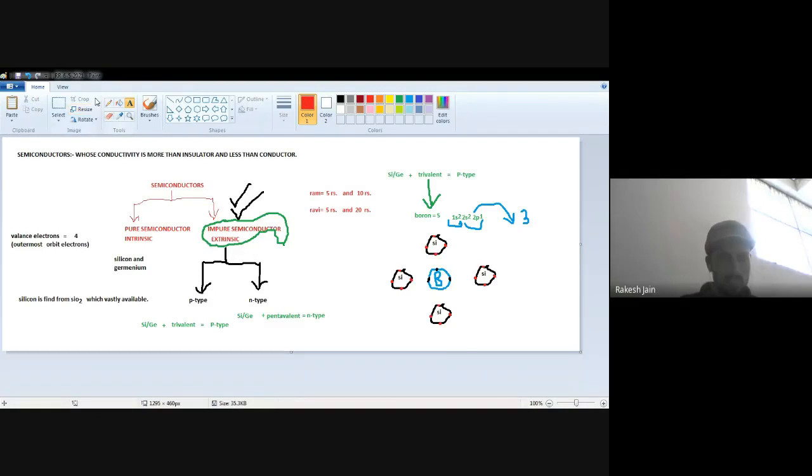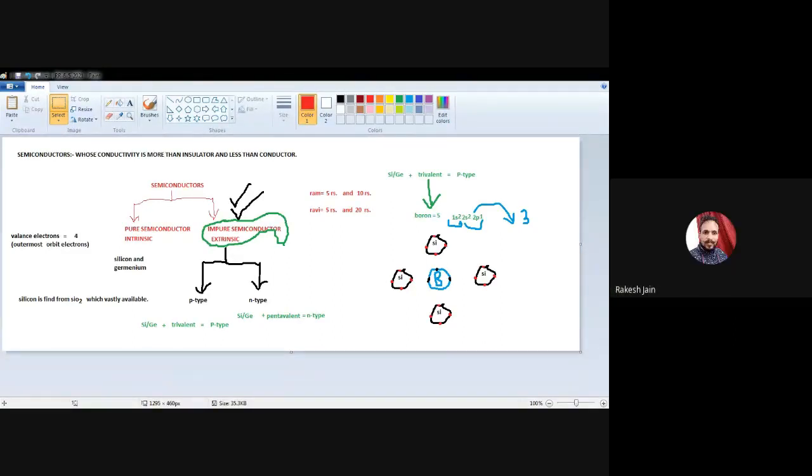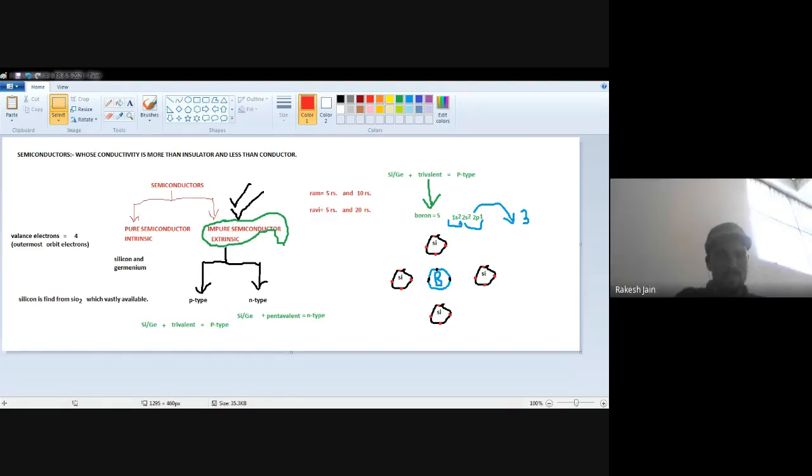Now, what do they do? Kindly wait for a while. So 5 rupees and 10 rupees now.